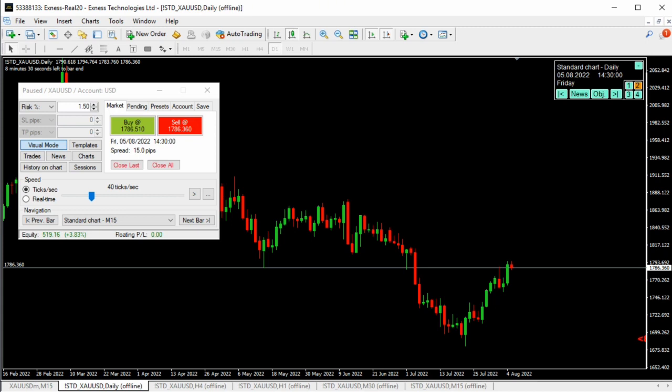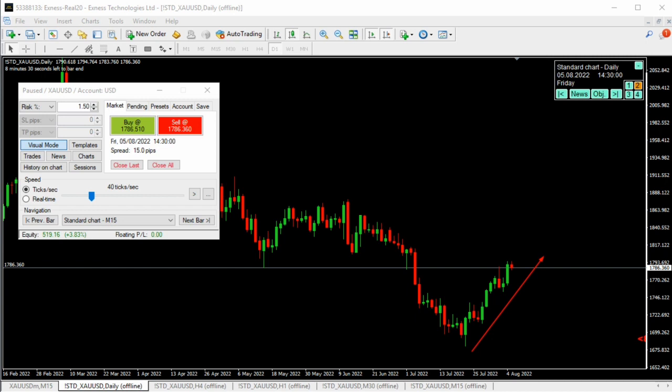Before we start, let me show you what the strategy entails. As you can see, we're on a daily time frame. Price is on an uptrend, and the current candle that you see right there is quite bearish.